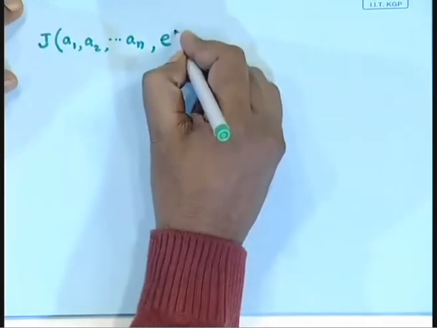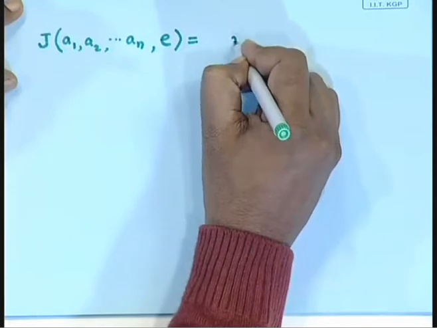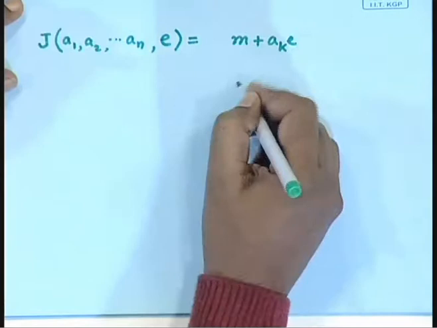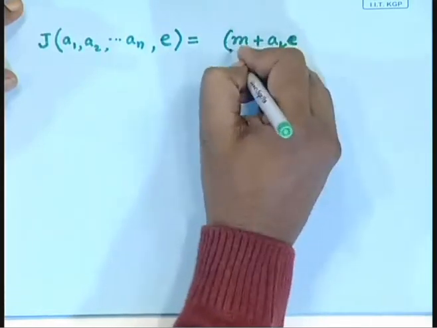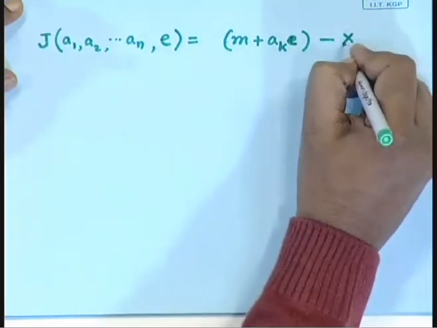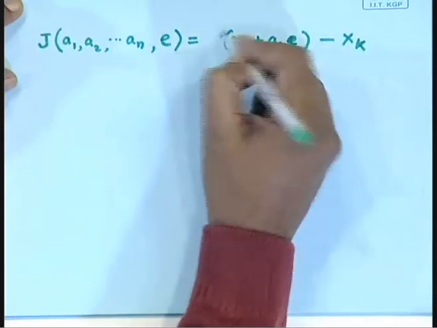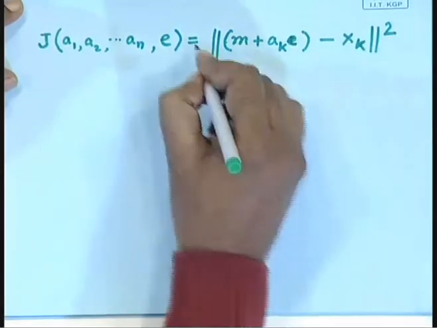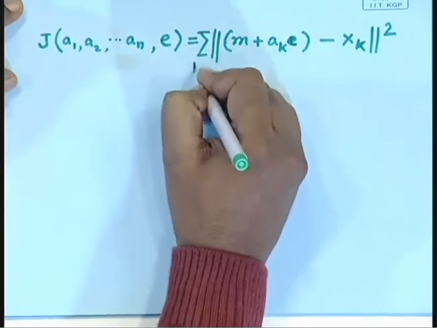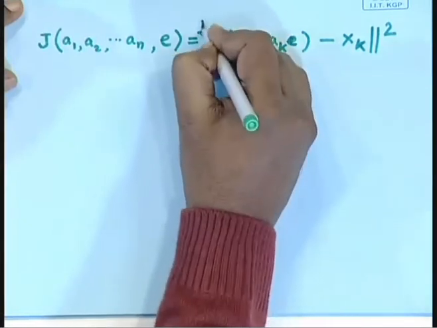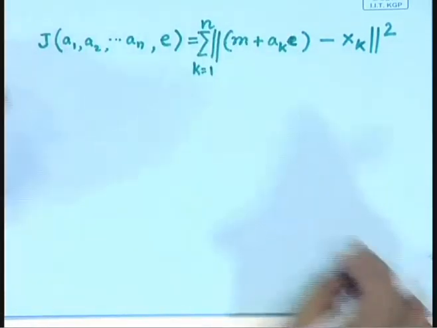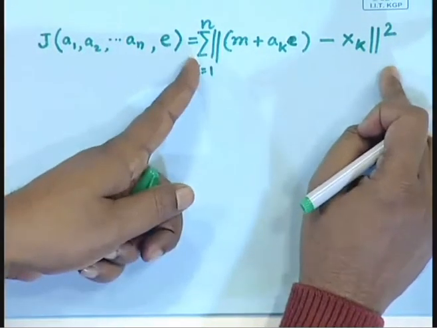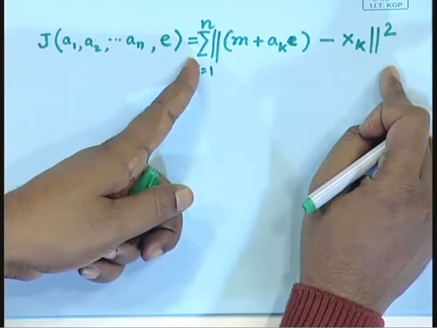And this is nothing but m plus a k e minus x k, take the mod square, take the summation over k varying from 1 to n. So, this is a sum of squared error.